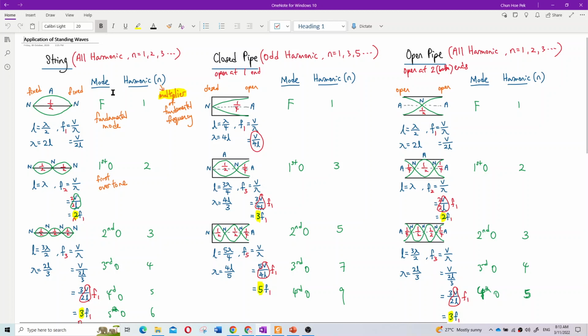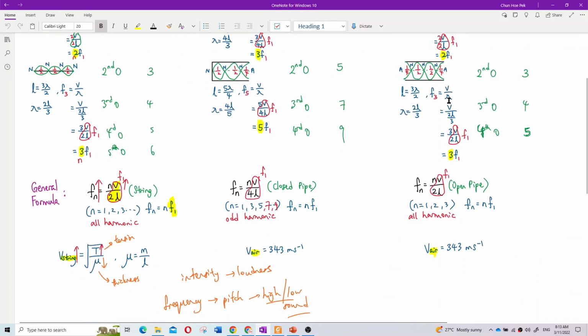And then we have mode and harmonic: the fundamental mode, first overtone, second overtone, third overtone, and so on, and the harmonic number for each mode. Closed pipe and open pipe also have their own modes and harmonic numbers.